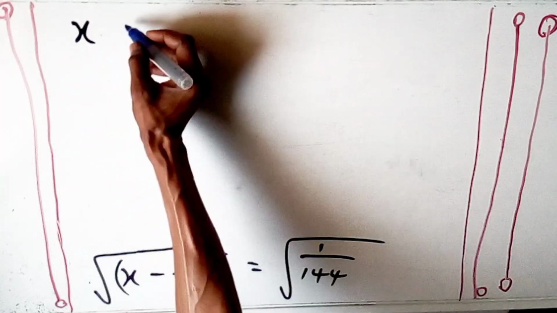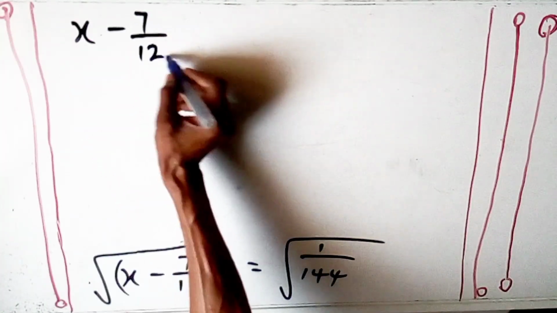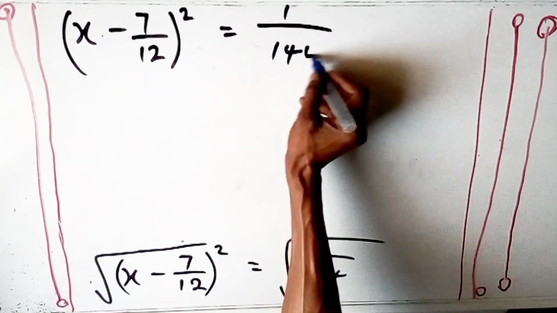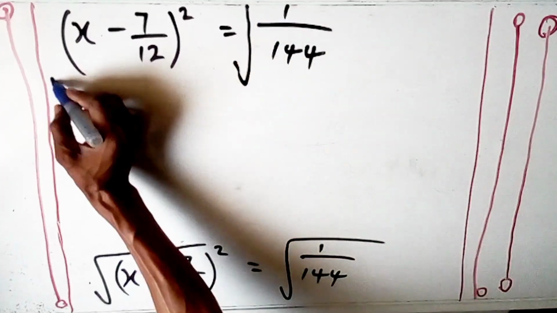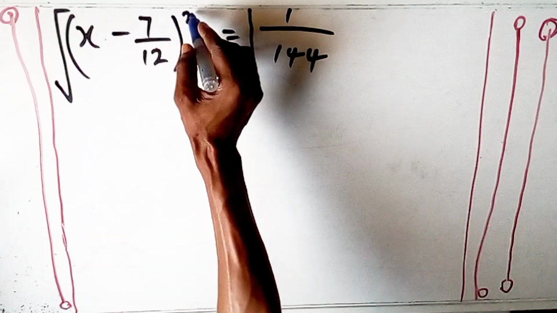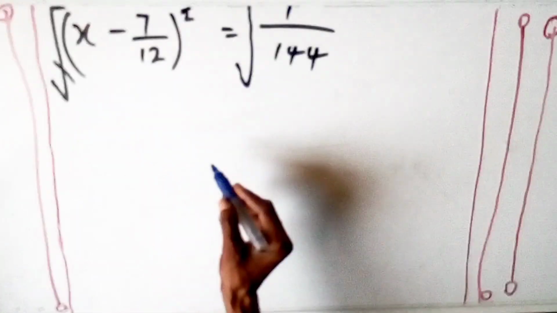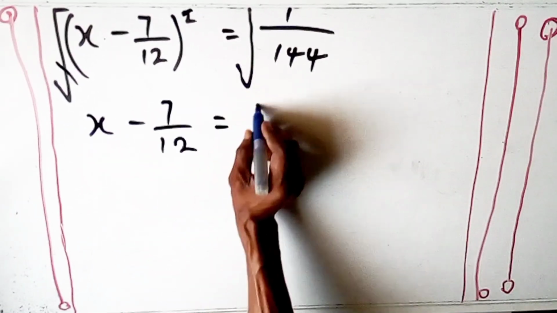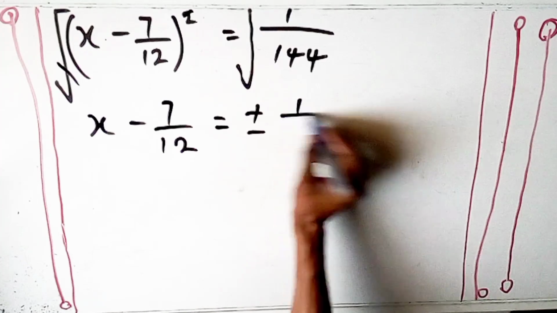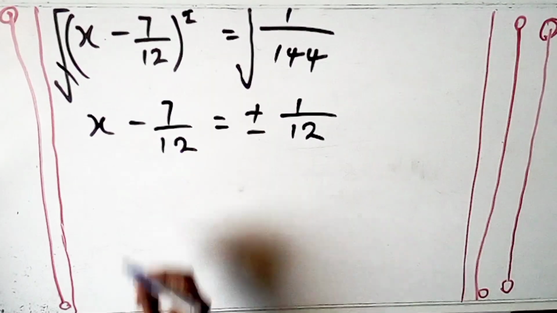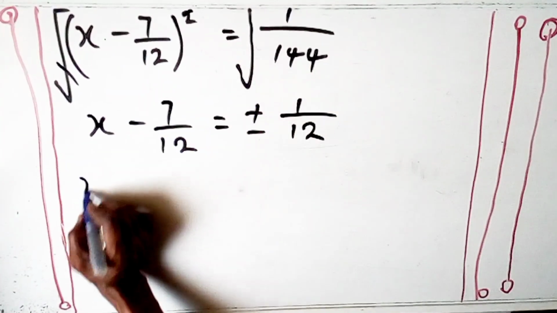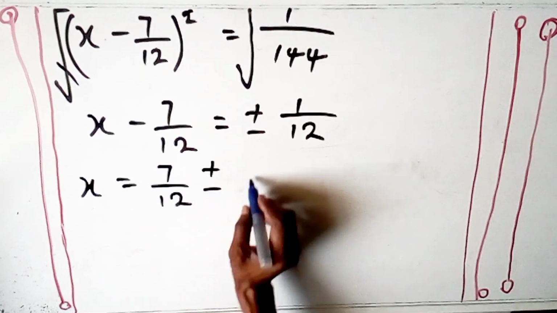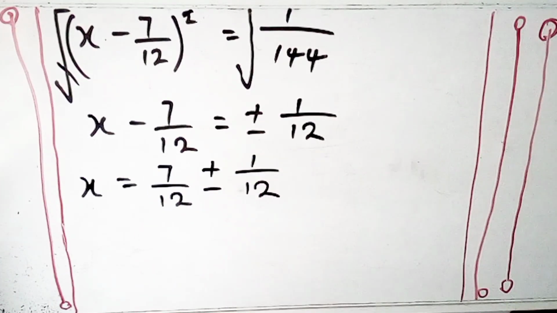So we are solving for x. So the first thing, we take the square root of both sides. And when we did that, the square root cancels the square. Then we have x minus 7 over 12 equals to plus or minus 1 over 12, because square root of 1 is 1 and square root of 144 is 12. So we have x equals to 7 over 12 plus or minus 1 over 12.